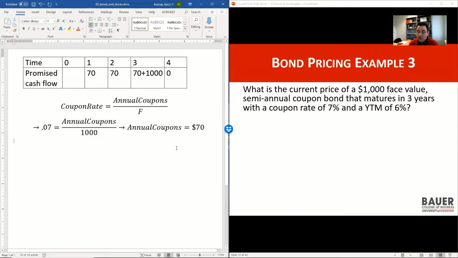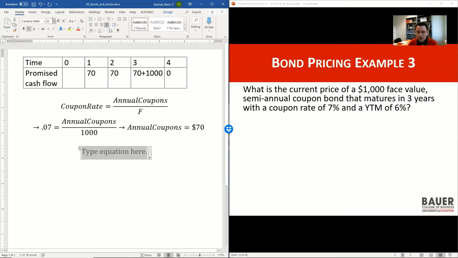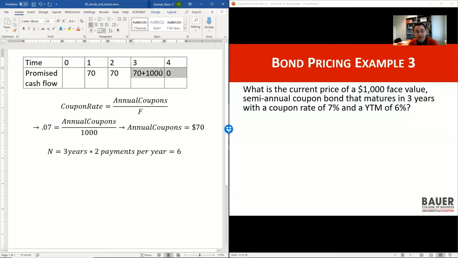So how many periods do we have? How big is our N? Well, it's a 3-year bond, and we're getting paid twice per year. So that means we've got 6 periods now to deal with. I'm going to lay out the cash flows.